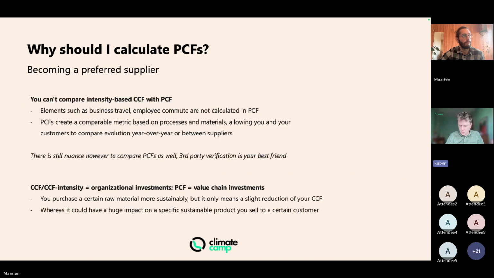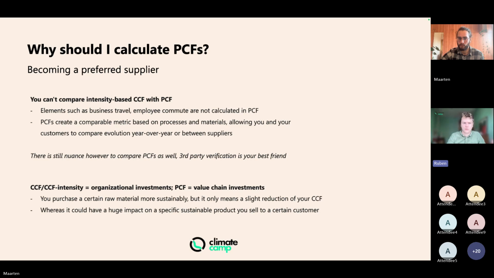But I think the biggest thing to look at before using, because what we sometimes see is that some customers use intensity-based corporate carbon footprints as product carbon footprints. Although in some industries it can be looked at, there it's very important to look at how streamlined the products are that are being created by that supplier.